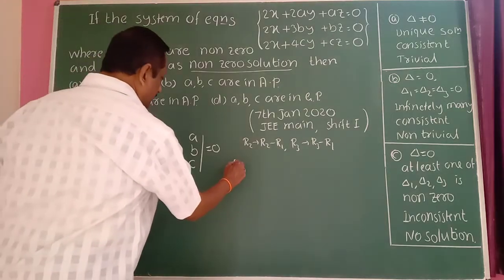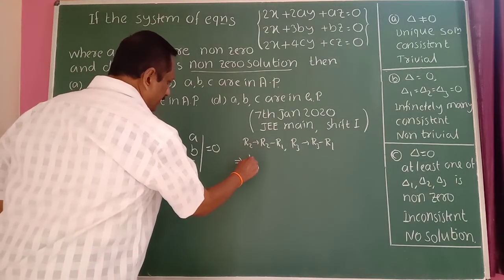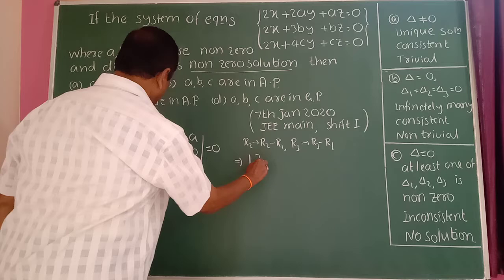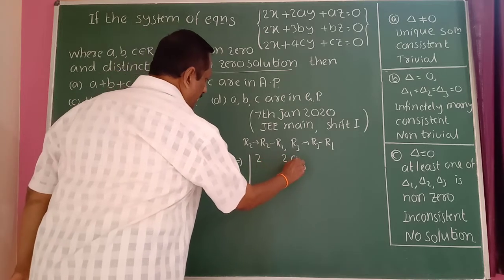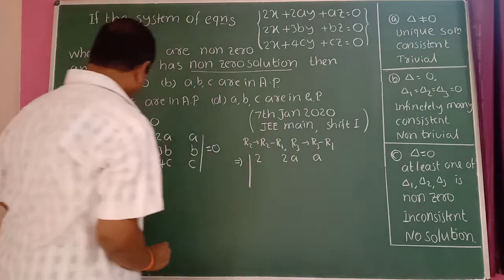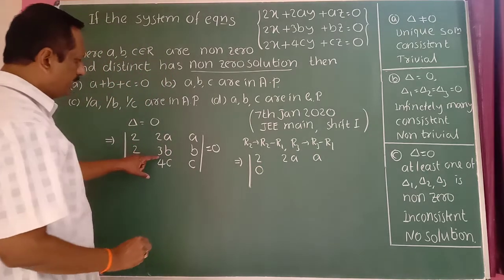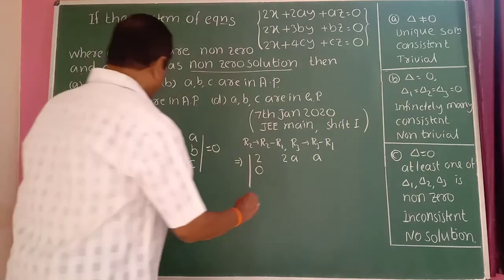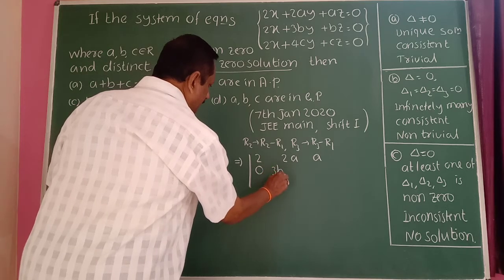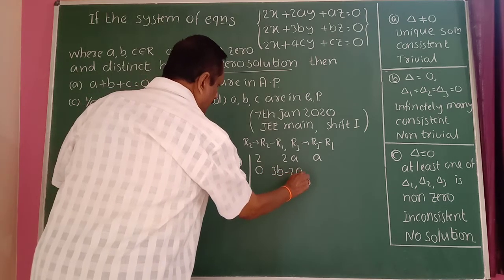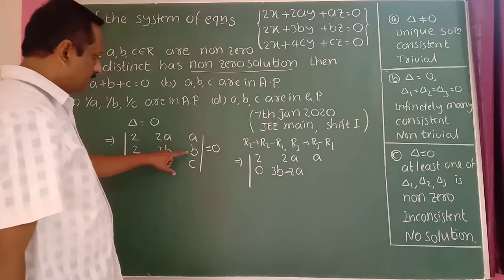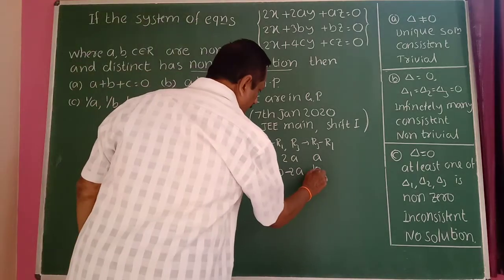Therefore this implies the determinant of: write here 0, 2a and a. 2 minus 2 becomes 0. 3b minus 2a, so write here 3b minus of 2a, then b minus a.